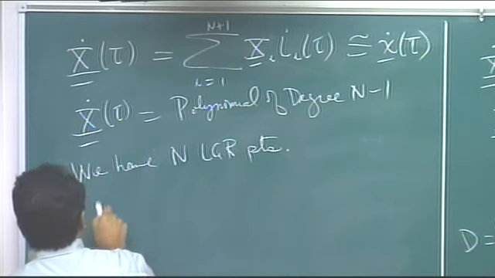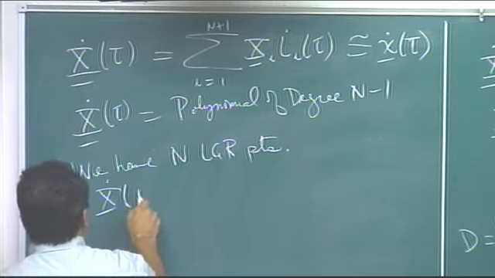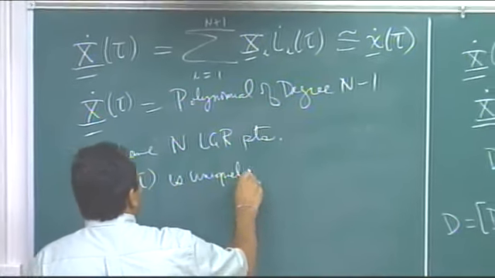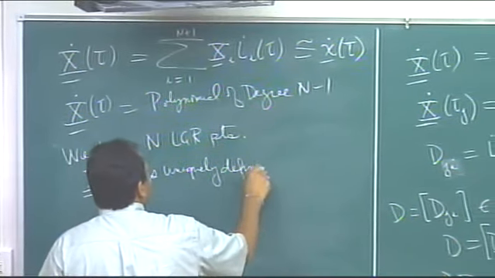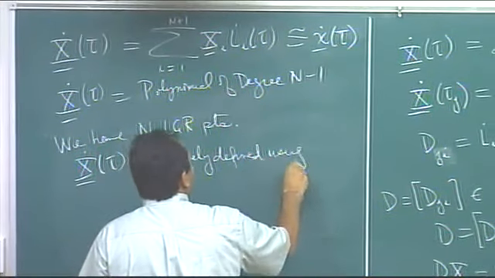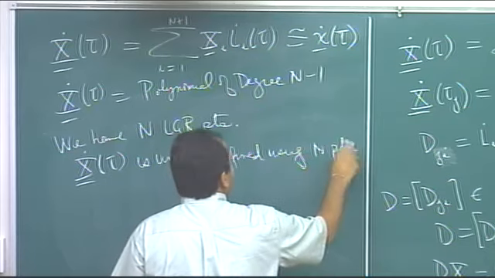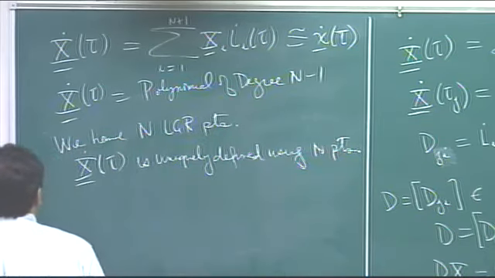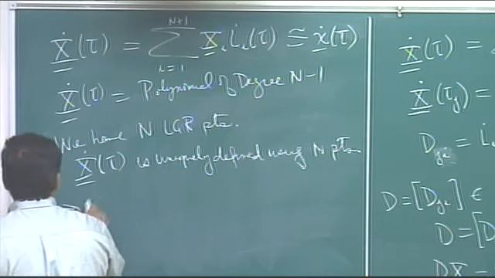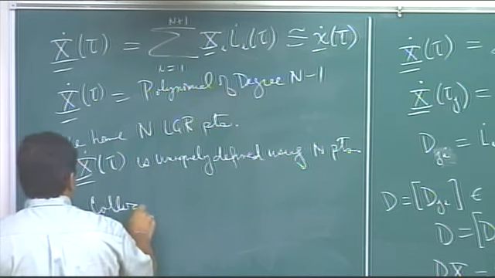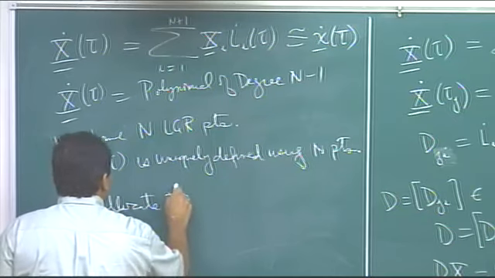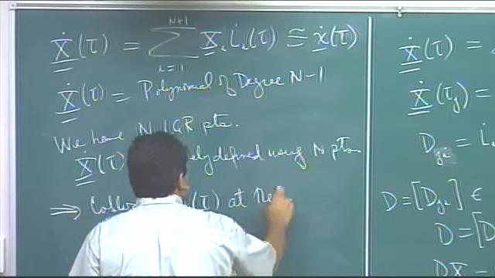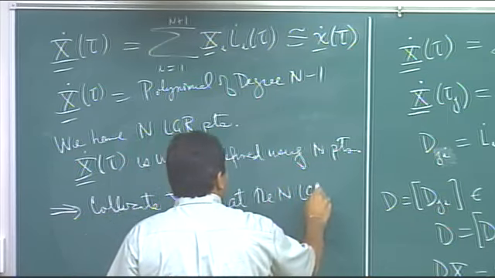And we know that x dot of tau is uniquely defined using n points, right? Because it's a polynomial of degree n minus 1, so it's uniquely defined using n points. So we can collocate x dot of tau at the n LGR points.